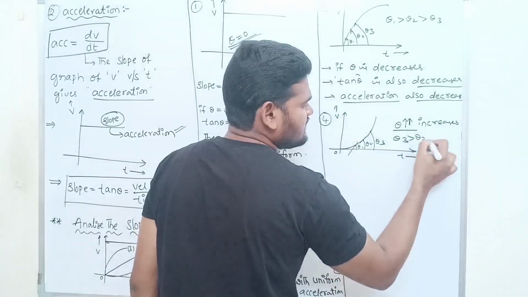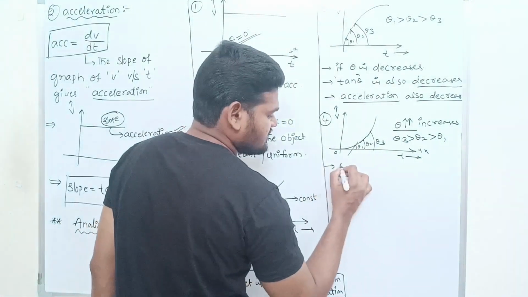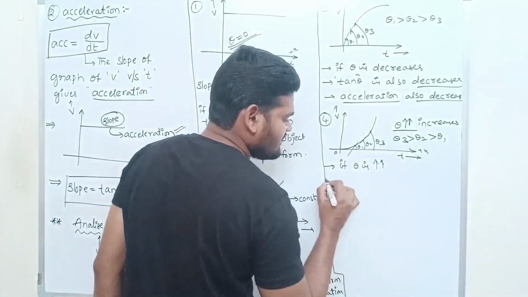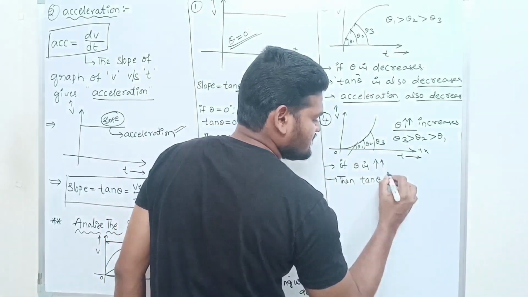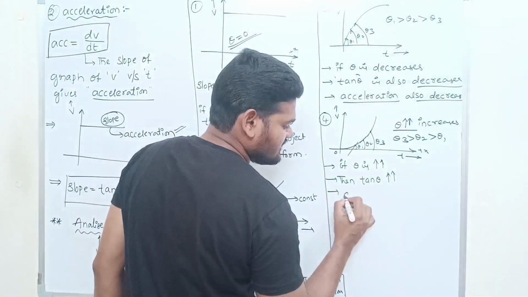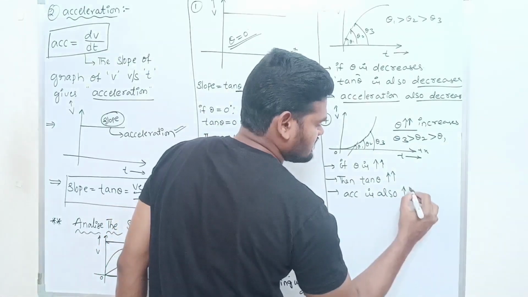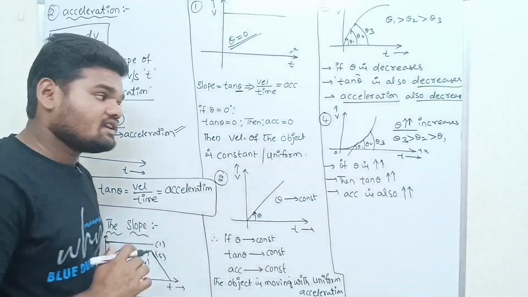Theta 3 is greater than theta 2, which is greater than theta 1. If theta increases, then tan theta also increases. If tan theta increases, then acceleration also increases. Any doubt?